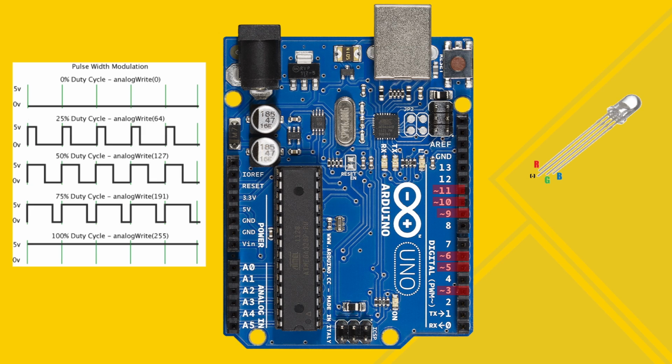So you use PWM and 3 of these pins in order to supply those 3 pins from the LED with the values required to produce your desired color.